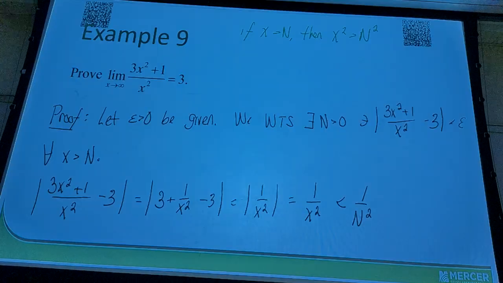But if I now say for x larger than 1, I have a true statement. So I'm restricting my value for x. It must be larger than 1, which means n has to be larger than 1.